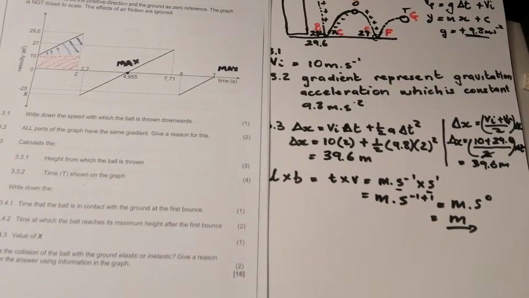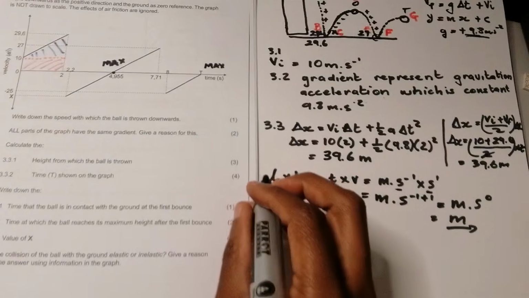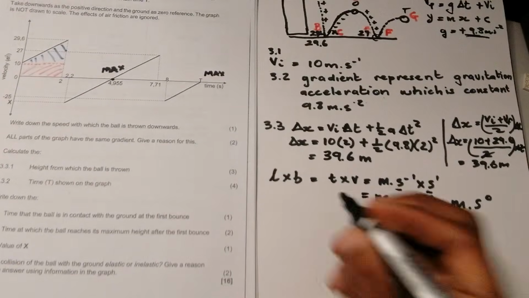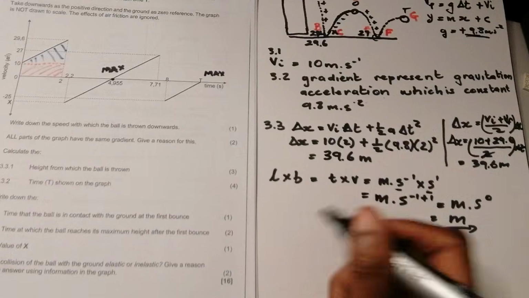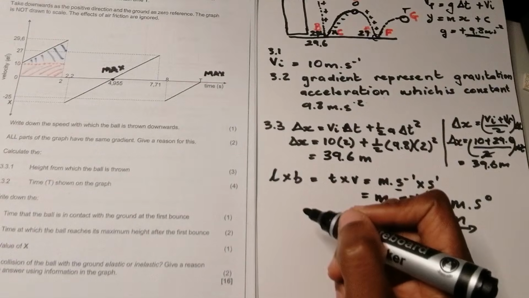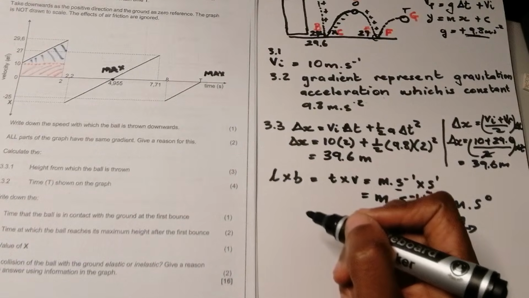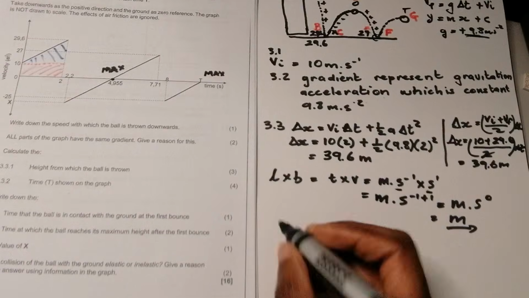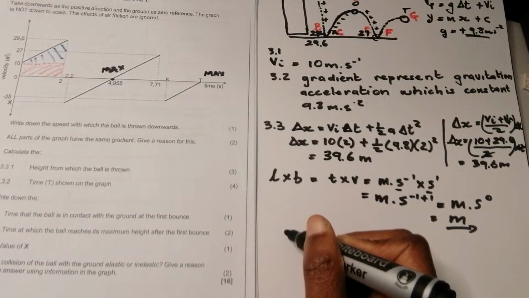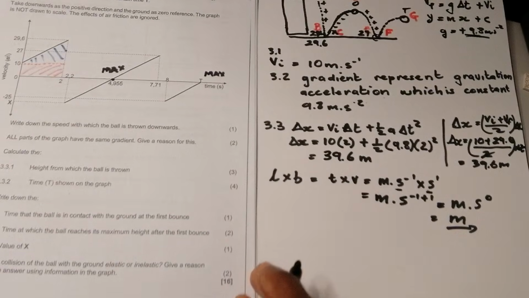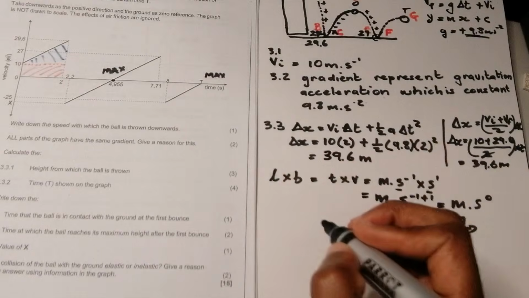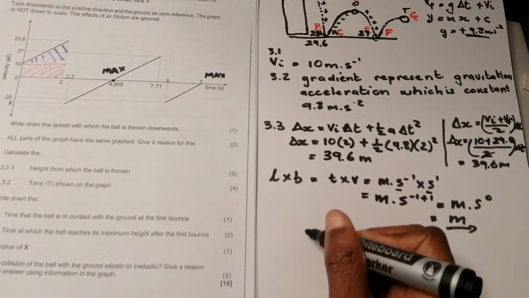If the examiner was strict enough to say use the graph, I would have only this option to tackle this question. I'm doing the same thing, just showing you a different method.